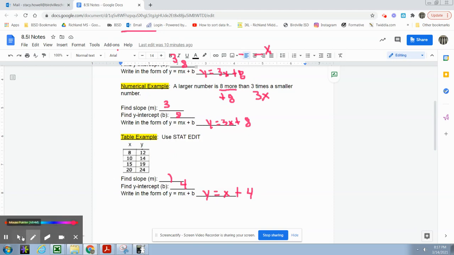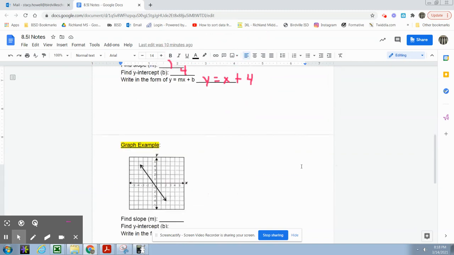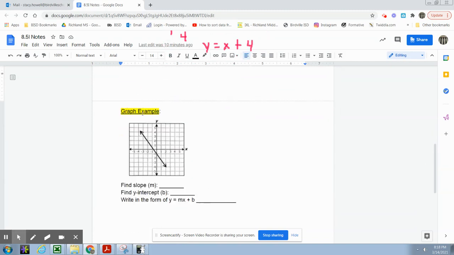Let's look at a graph. Here's a graph example, and we need to find the slope. You can do this so many different ways, and I'm going to show you them all. So we need to find the slope. You can find 2 exact points on your graph. Here's a point right here. And another exact point looks to be right here.